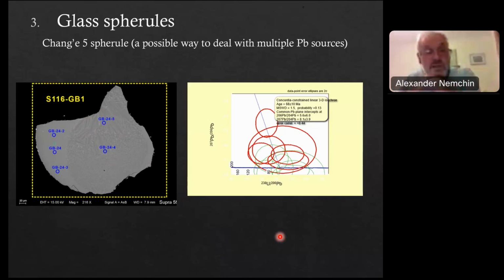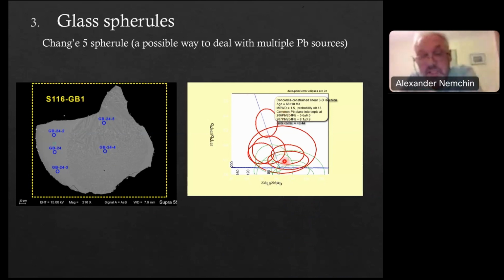So we wanted to really analyze it and get the age, so we put multiple spots into it. And when we put multiple spots into it, then you can start applying the approach we used for volcanic glasses. You can try to constrain a line through multiple spots in 3D, and here is the result of that. Of course, it's probably not picritic, it's impact, because of the age, but we analyzed whatever, 5 or 6 spots here. We project the line again.